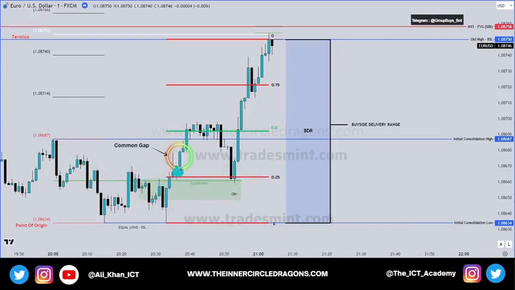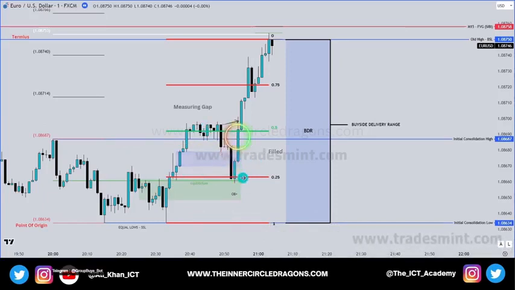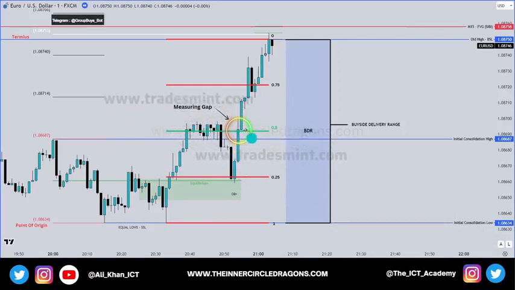After the breakaway gap, we had a common gap that was formed, which was completely rebalanced when we had our first stage of accumulation. Generally, after a common gap is rebalanced, at 50% of the range, we have our measuring gap. You can see here how this buy side imbalance has been left open.